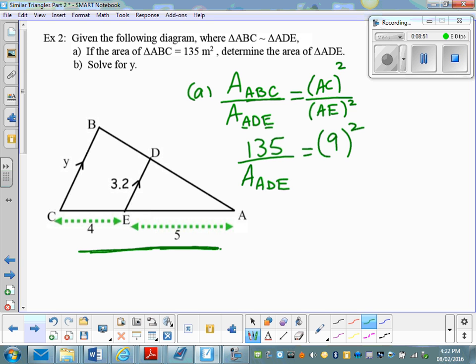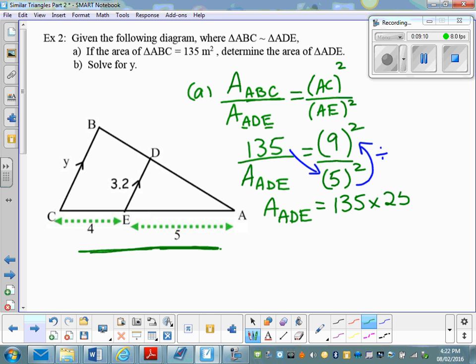And then AE will be 5. So if I'm going to find the area of ADE, I'm going to cross multiply, like I did last time. Cross multiply, and then divide. So it's going to be 135 times 25 divided by 81.